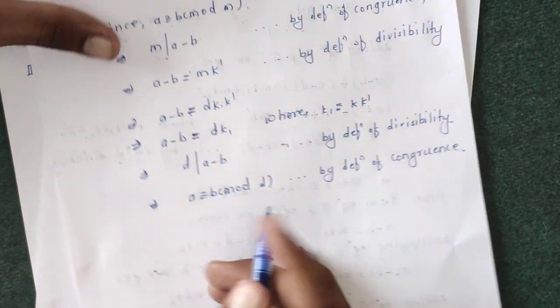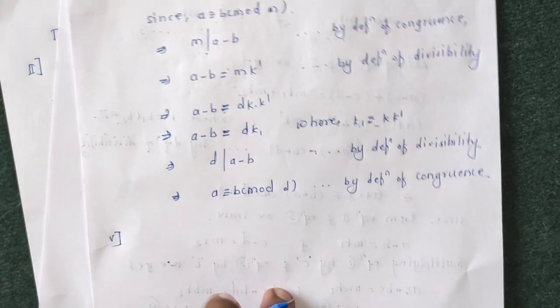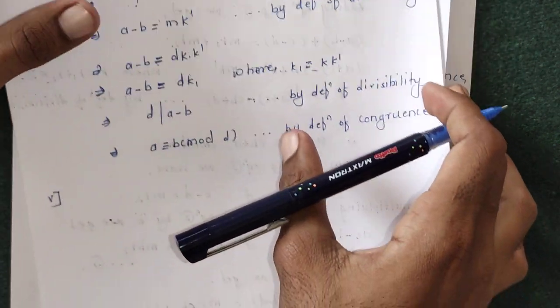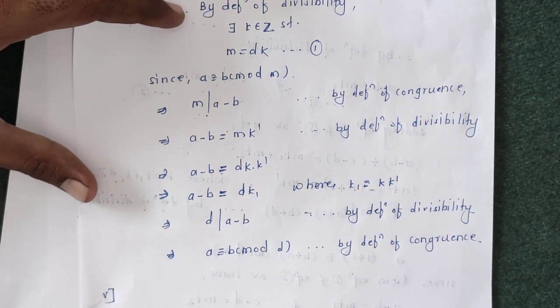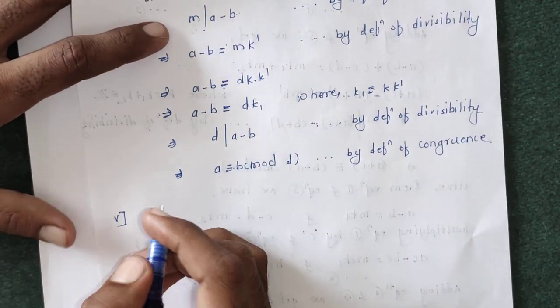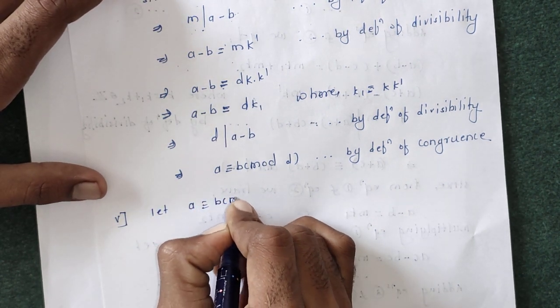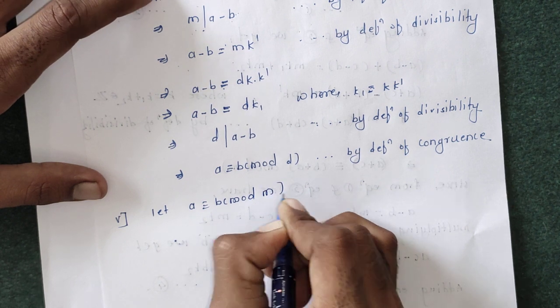Now the fifth statement. The statement is: if a is congruent to b mod m, then we have to prove that ak is congruent to bk mod m. Let a be congruent to b mod m.